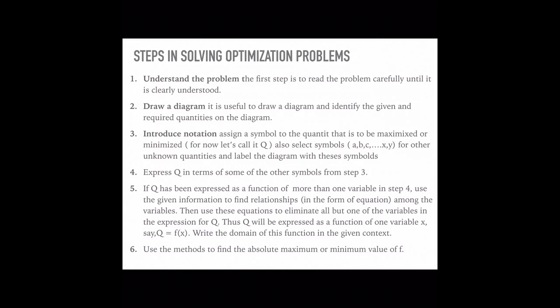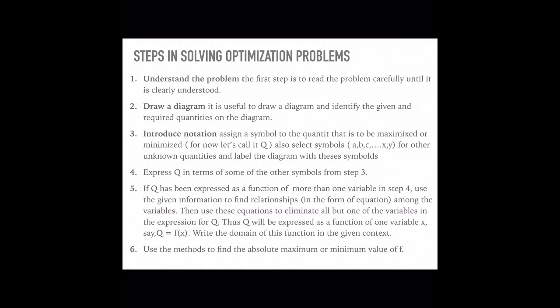Step 4 is express Q in terms of some of the other symbols from step 3. Step 5, if Q has been expressed as a function of more than one variable in step 4, use the given information to find relationships in the form of equations among the variables.